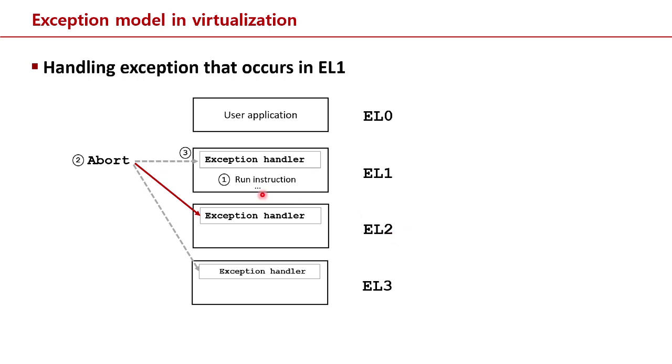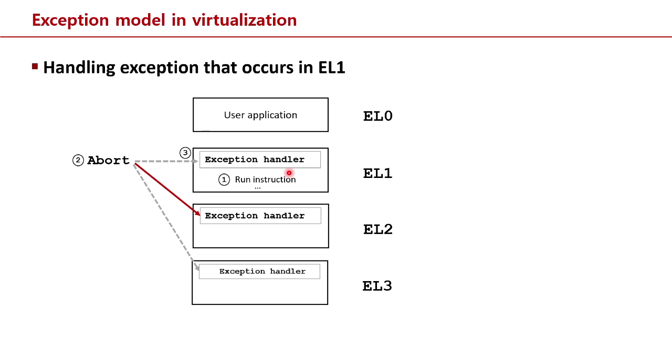Let's assume that the exception occurs at exception level 1. Note that a Linux kernel or real-time operating system can be running at exception level 1. In general, if an exception occurs at exception level 1, then the exception handler at exception level 1 will handle that exception.